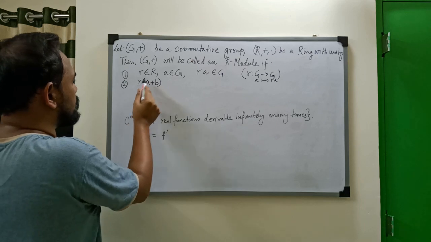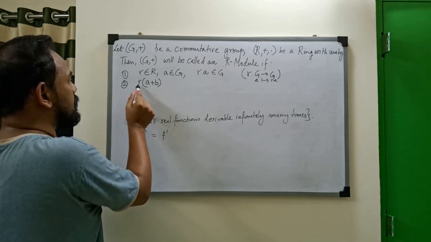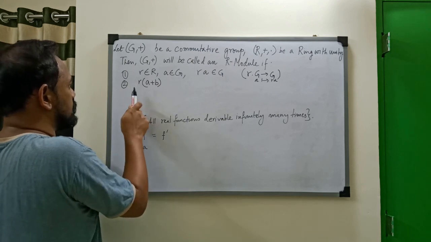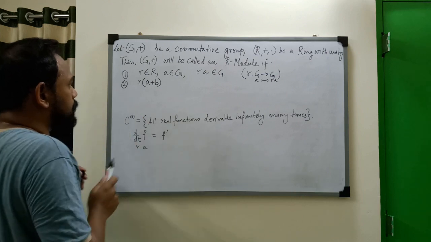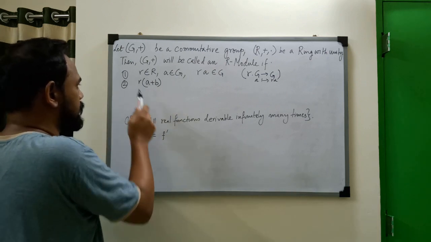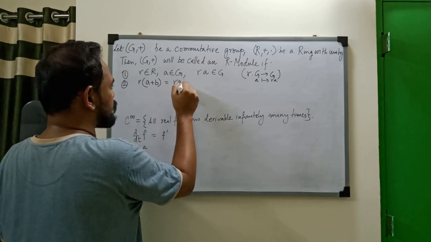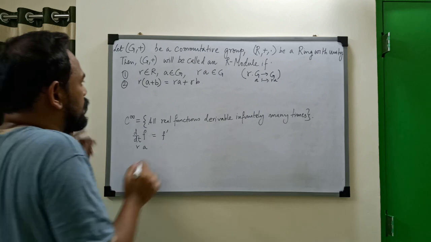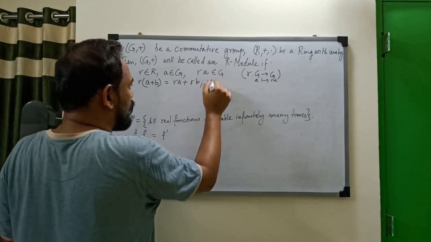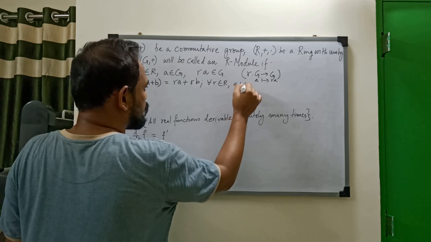And so, because this whole thing is an element of the group, I can talk about action of an element of R on an element of the group, which is A plus B. And this should be the individual actions added together. This should happen for all R in capital R and A, B in G.